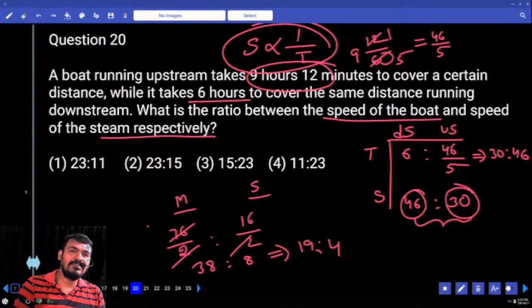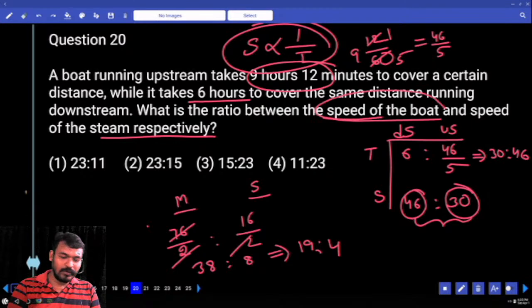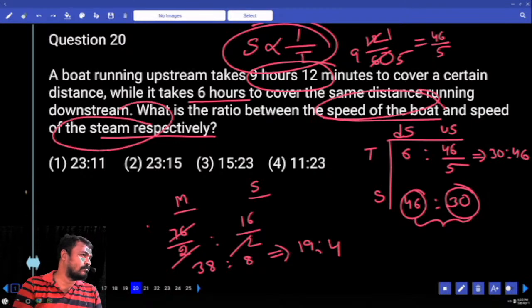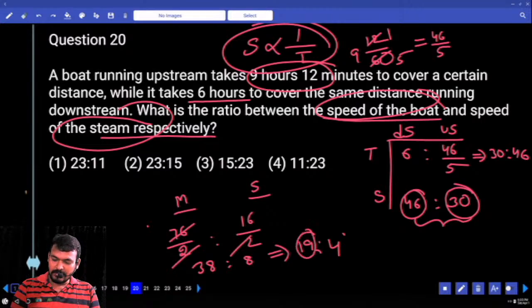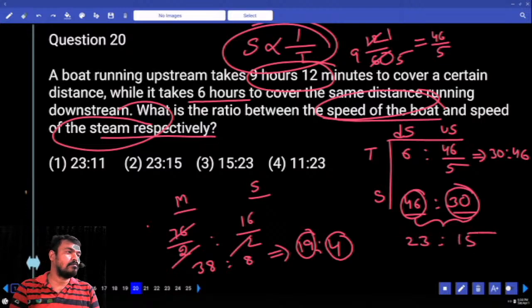What is the question? Speed of the boat, speed of the stream, M and S relation. What is the M value? 19. What is the S value? 4. 19 plus 4, 23. 19 minus 4, 15. 46 and 30, simplify this one: 23:15.